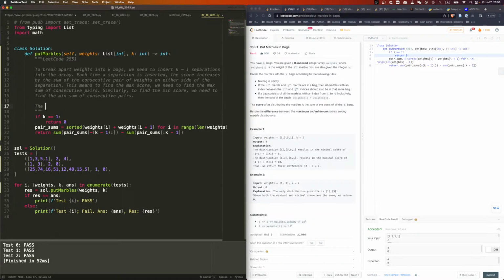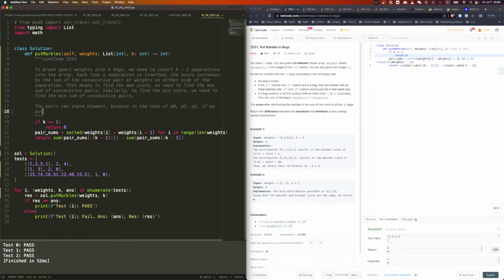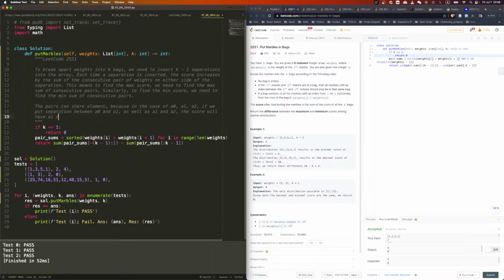The pairs can share an element, because in the case of A0, A1, A2, if we put a separation between A0 and A1 as well as A1 and A2, the score will have A1 duplicated: A0 plus A1 plus A1 plus A2.